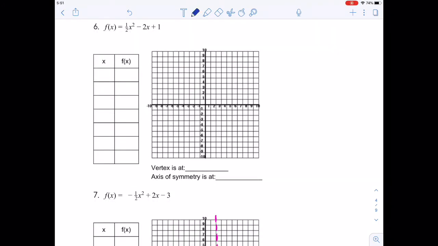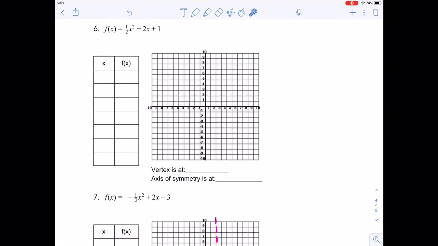Okay, so if there's a fraction, here's a fraction right here. So we're going to identify what the a is. So a is 1/2, the coefficient of x squared. B is negative 2, the coefficient of x. And c is 1, that's your constant at the end. We're still going to use x equals negative b over 2a.